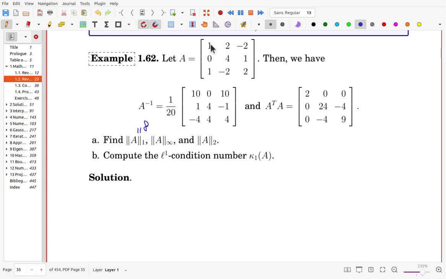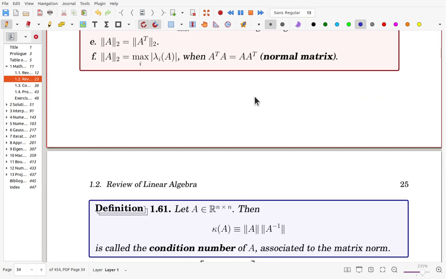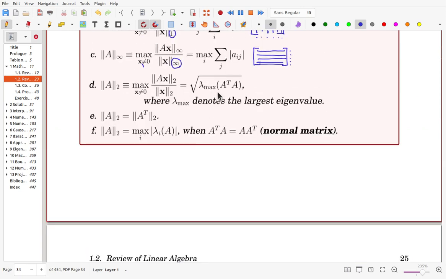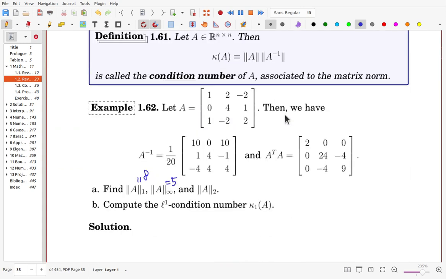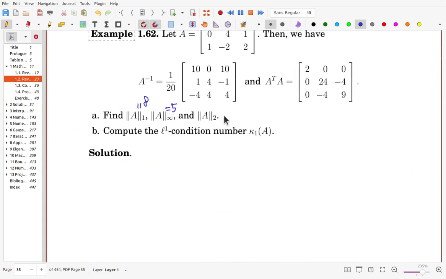Horizontally, we are adding them: 5, 5, 5, so the maximum is 5. The A2 norm. Now for A transpose A, we have to find the eigenvalues, and the largest eigenvalue will be used to get the A2 norm by taking the square root. So you can find the eigenvalues here, take the largest one, and take the square root.